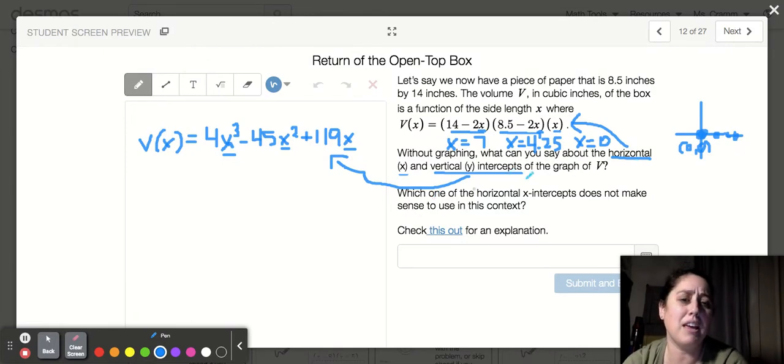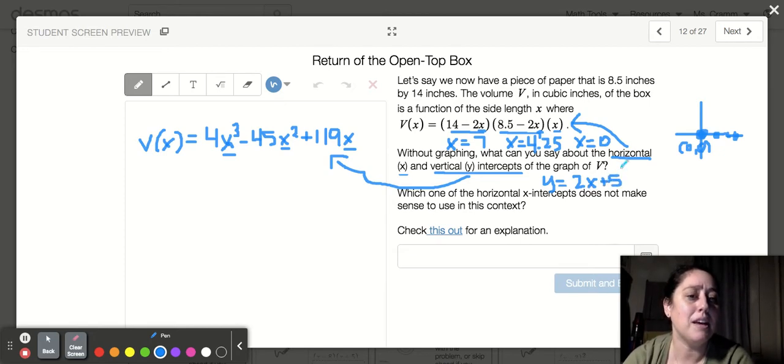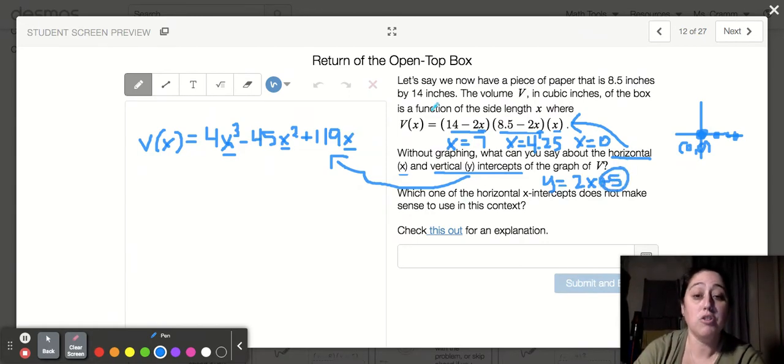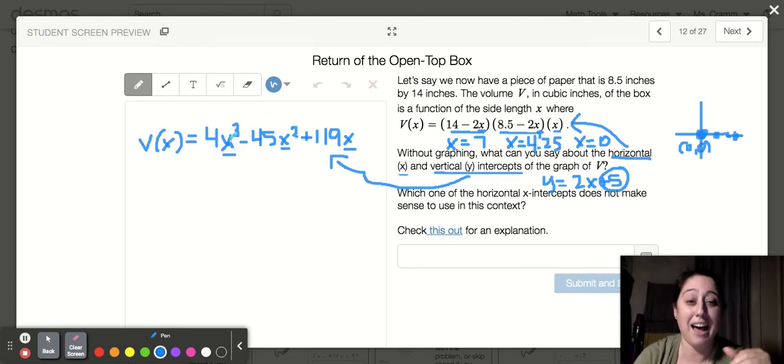You can also think like if you have y equals 2x plus 5, right? And I'm just kind of making this one up. My y-intercept is always the number with no variable. So if you look over here, all three of these terms have a variable.